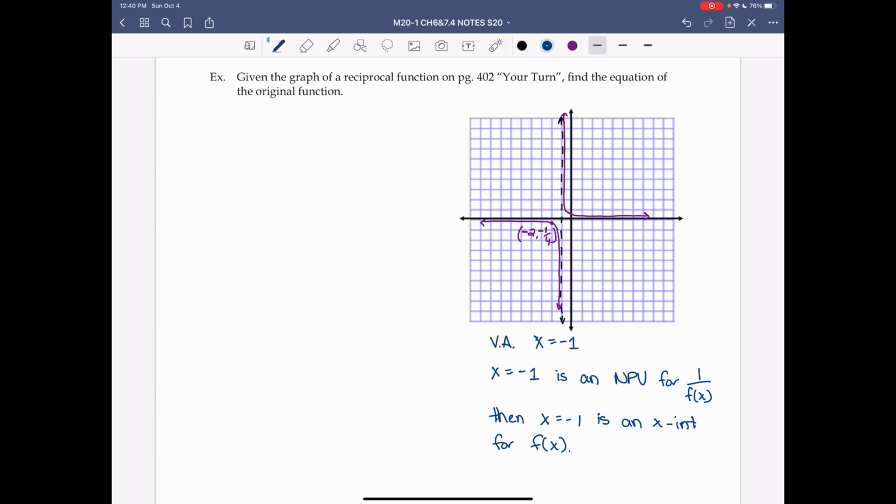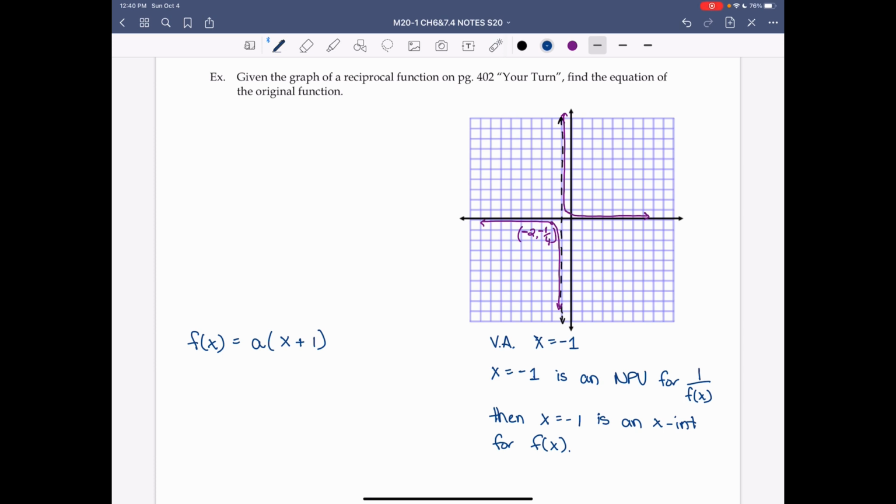Then we can write our function f of x equals a times x plus 1, because if x equals -1 is the x-intercept, then the factor x plus 1 must be in our linear function.